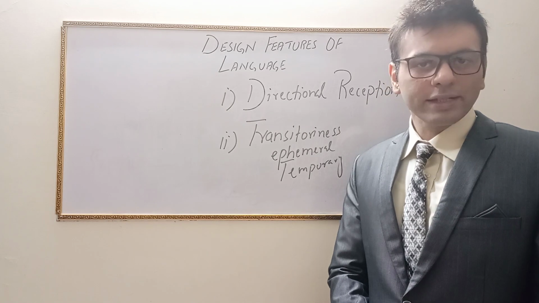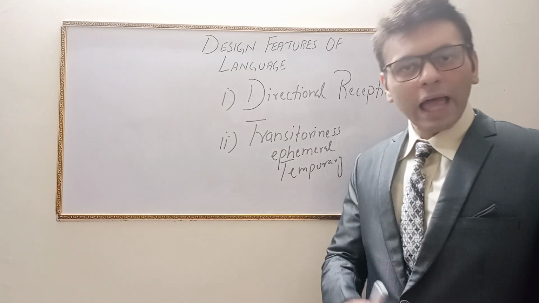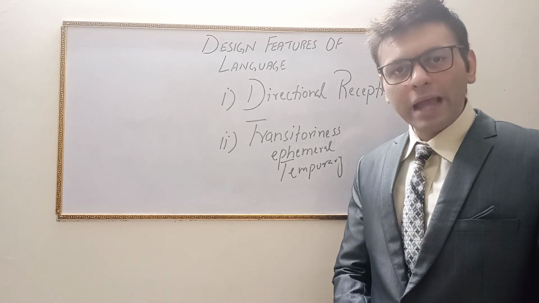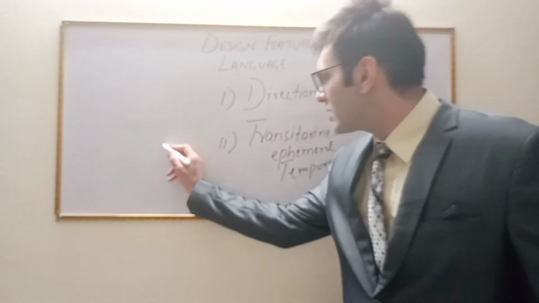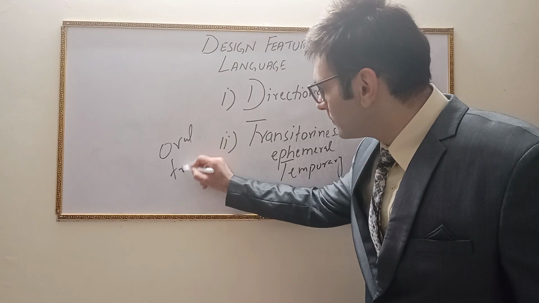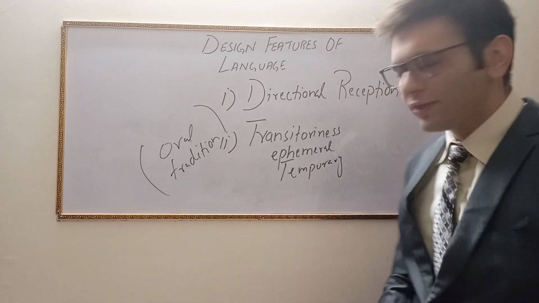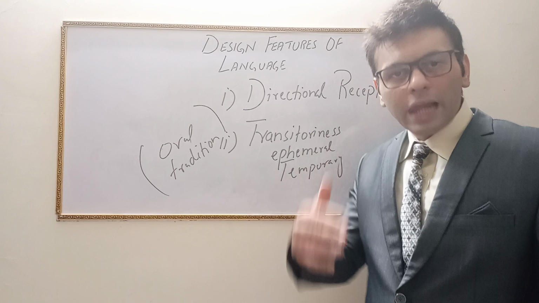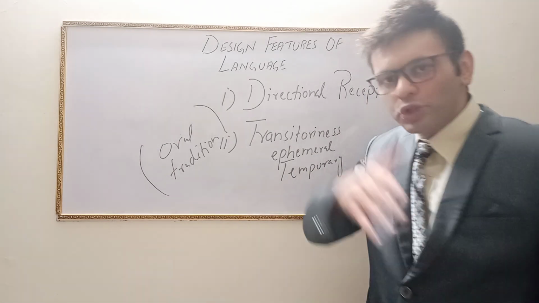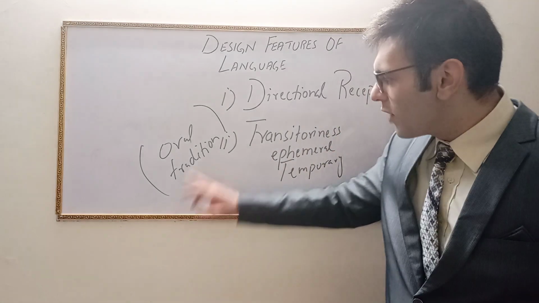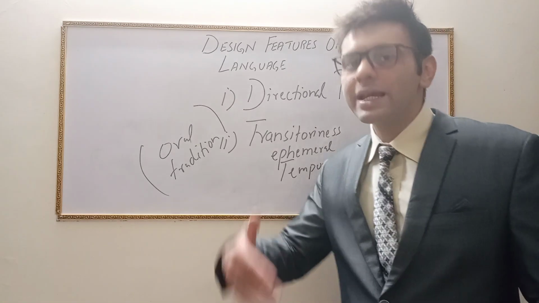There was no concept of writing in the primitive eras, in the medieval eras. And there was a tradition by the name of oral tradition that was being practiced. And that oral tradition continued until very recently. And that's the reason that language transmitted and transferred from generations to generations with the help of oral tradition, and writing was introduced quite later.